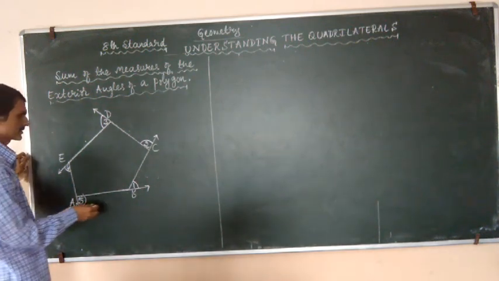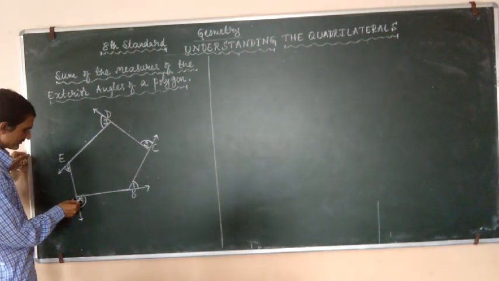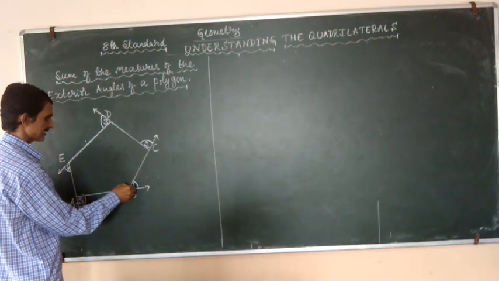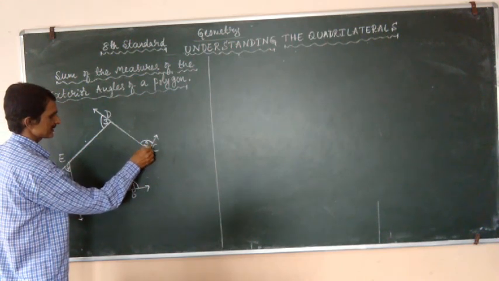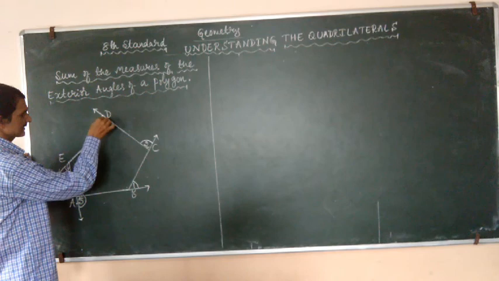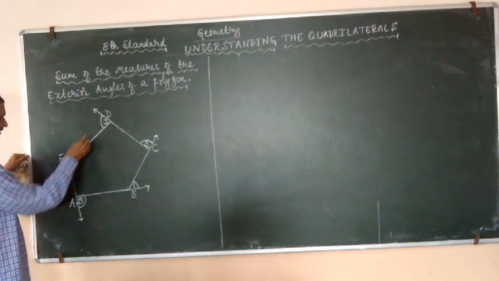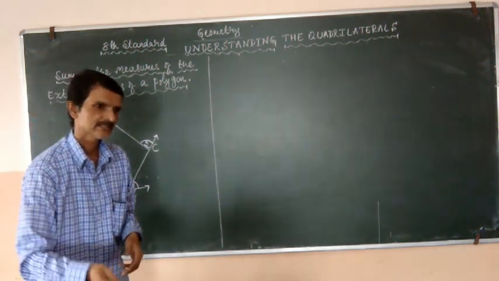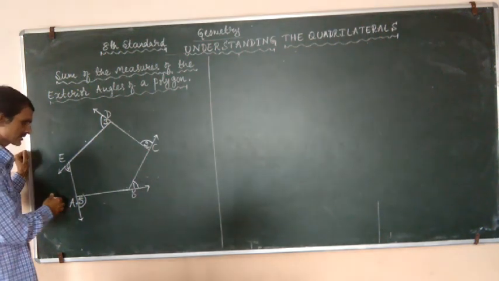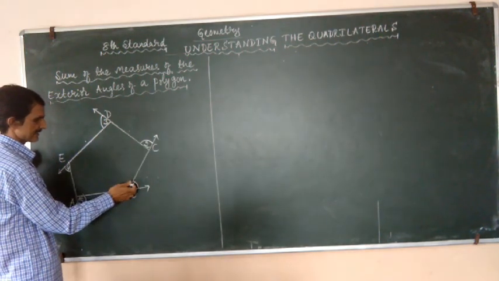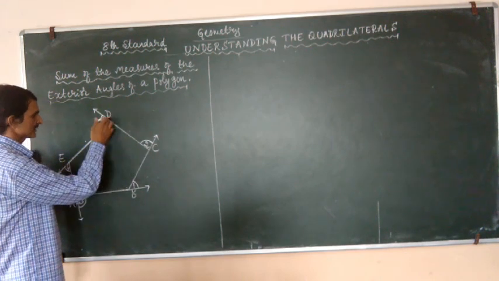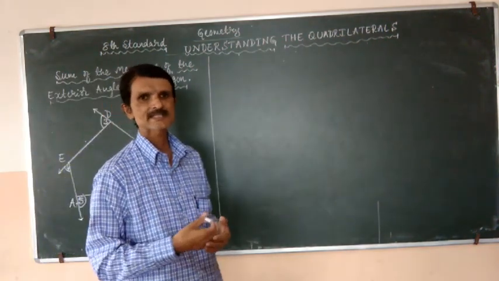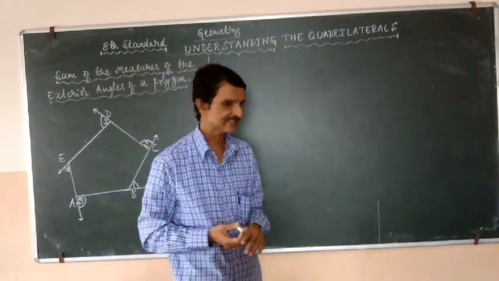Now, students, observe. 5 is the exterior angle of A, 1 is the exterior angle of B, 2 is the exterior angle of C, 3 is the exterior angle of D, and 4 is the exterior angle of E. If you measure all these exterior angles of the given polygon, 1, 2, 3, 4, 5, the sum will always be equal to 360 degree.